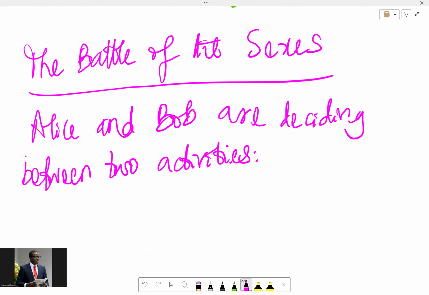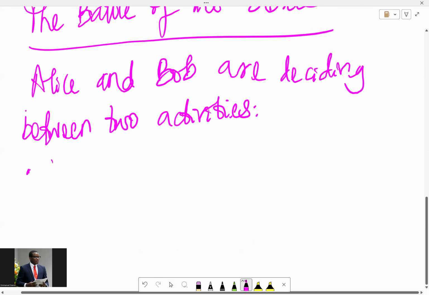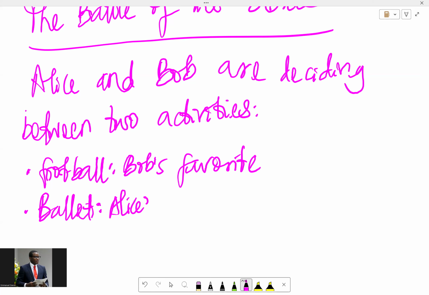Assume that Alice and Bob are husband and wife, for instance. The two activities they have to choose from are football, which is Bob's favorite, and then there is ballet, which is Alice's favorite.